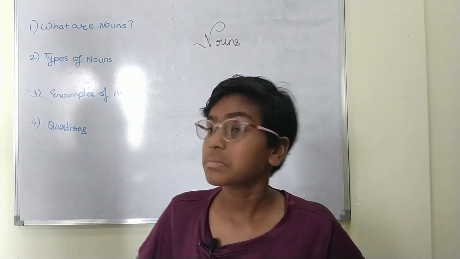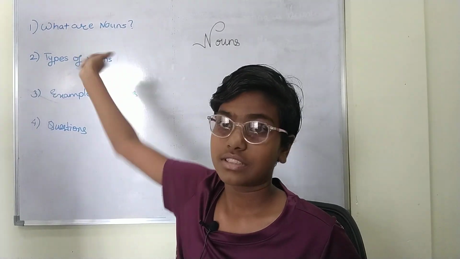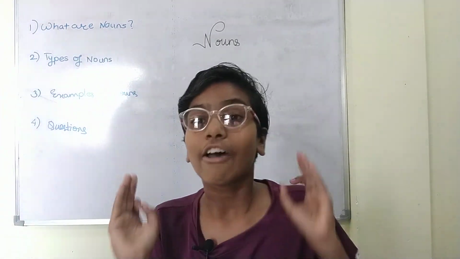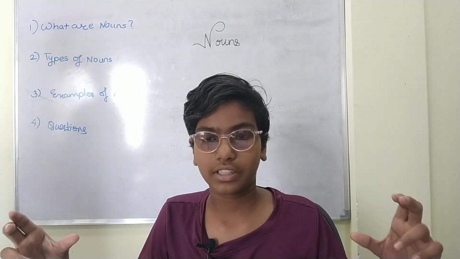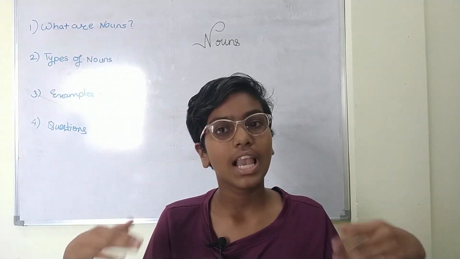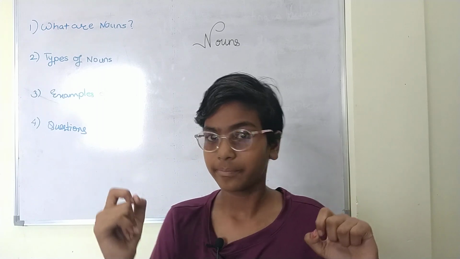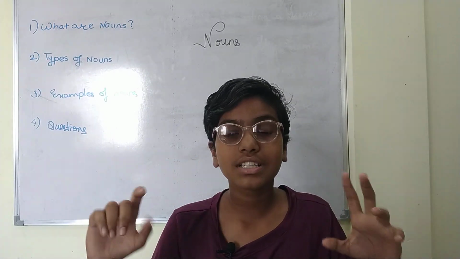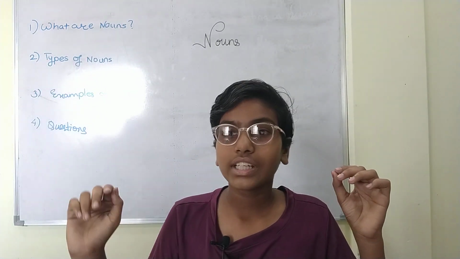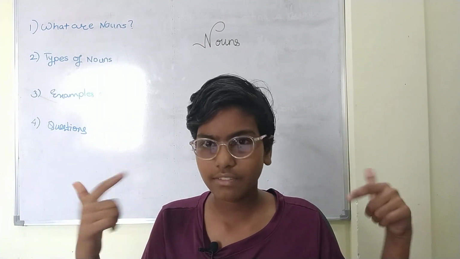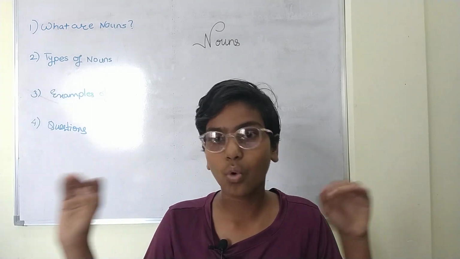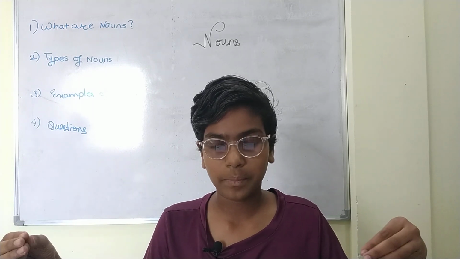So first we must understand what are nouns. Not only the definition but also what is the meaning of it. Rather than learning the definition, let's try to understand it. Then we will try to understand types of nouns. So there are 10 types of nouns, but what we'll do, first we'll learn about 5. Then we will see countable, uncountable.